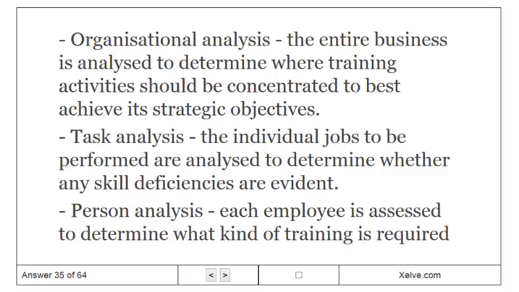Organizational analysis: the entire business is analyzed to determine where training activities should be concentrated to best achieve its strategic objectives. Task analysis: the individual jobs to be performed are analyzed to determine whether any skill deficiencies are evident. Person analysis: each employee is assessed to determine what kind of training is required.